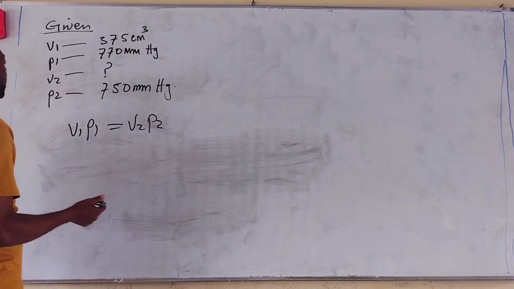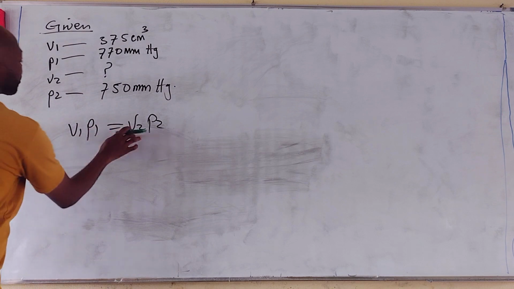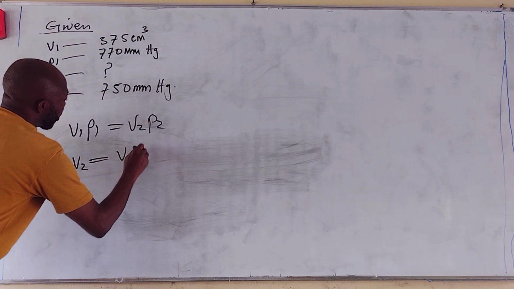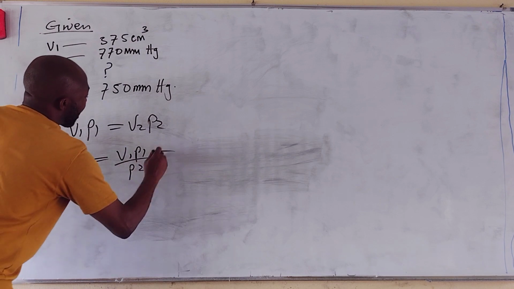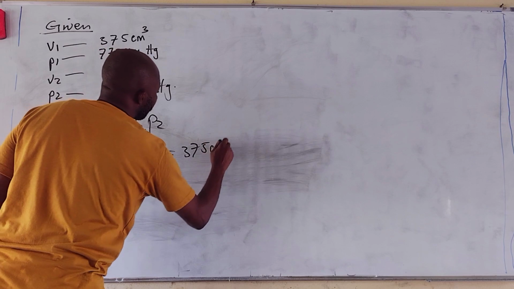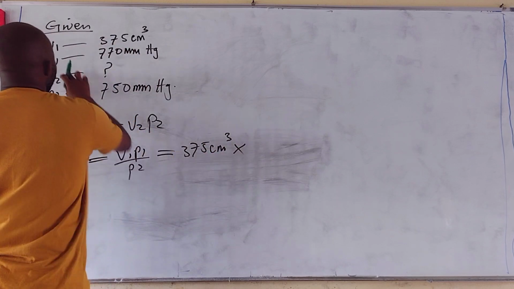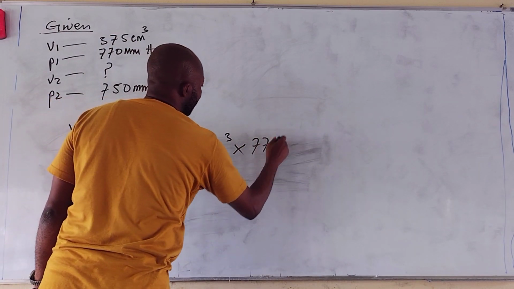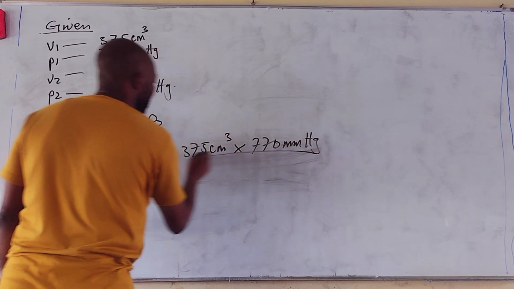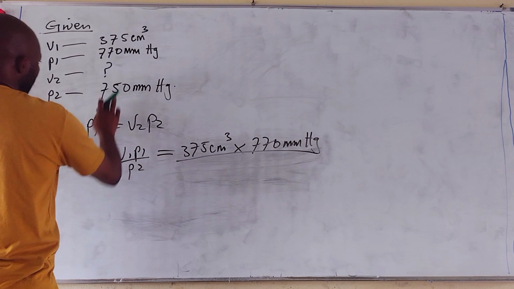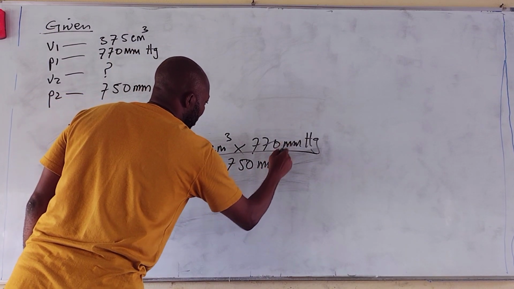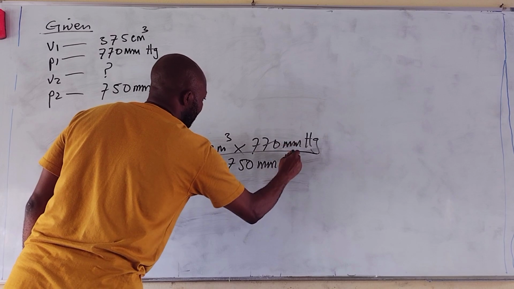I guess we're going to see a question where we have to look for some other thing. So our V2 is equal to V1 P1 over P2. And this is V1 here, 375 cm cube, times P1, 770 millimeter of mercury, over P2, which is 750 millimeter of mercury.